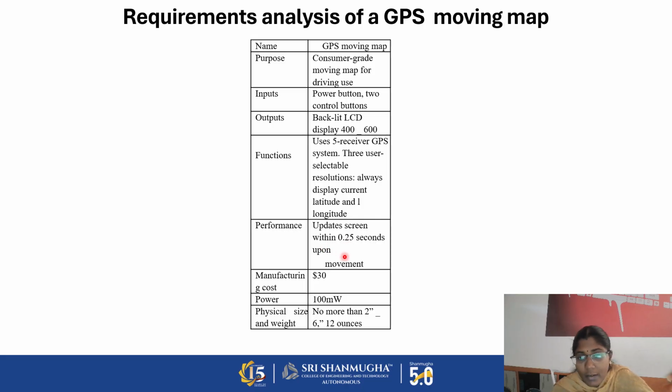If it finds any movement of the machine, it should update the screen within 0.25 seconds. And the manufacturing cost, you can approximately quote as $30. And the power, it may consume 100 milliwatts. And physical size and weight, it can be no more than 2 by 6 inches, and the weight can be 12 ounces.